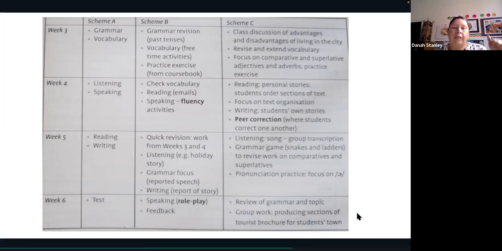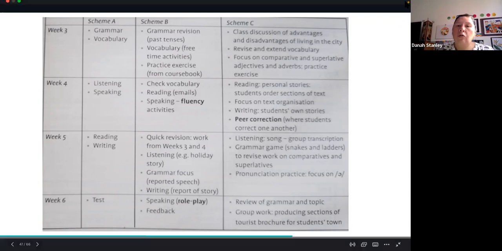So what do you think is basic, intermediate, or advanced? Think about your students.